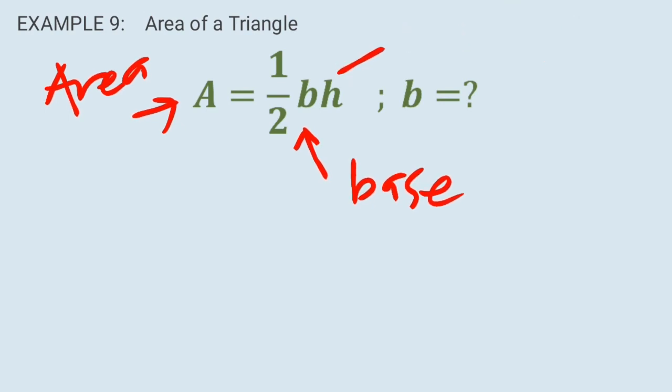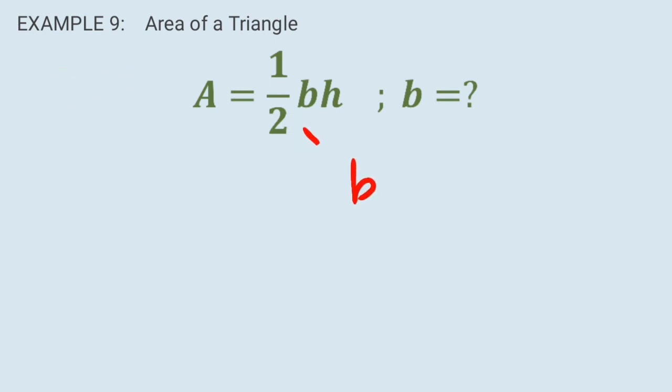What are we going to do? Since there is a fraction in this one, which is 1/2, the first step would be to remove the fractional part. First, let's rewrite it: A equals 1/2 base times height.